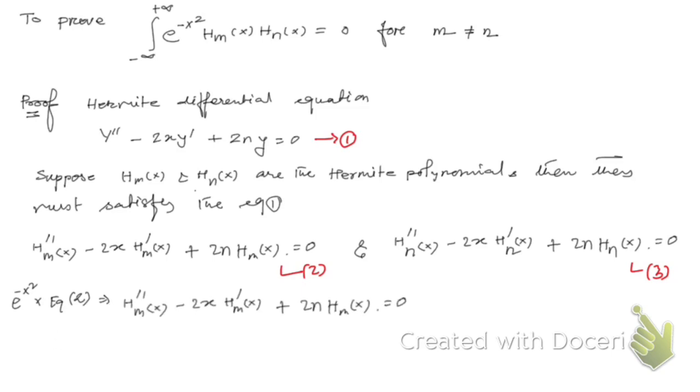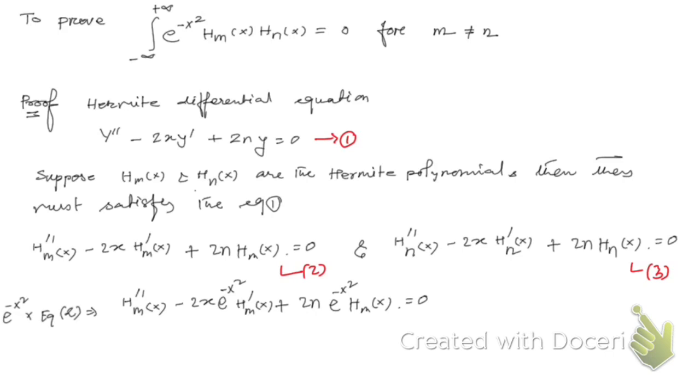What we're going to do here is multiply e to the power minus x square, and here also we're going to multiply e to the power minus x square, and with the first term as well. E to the power minus x square.